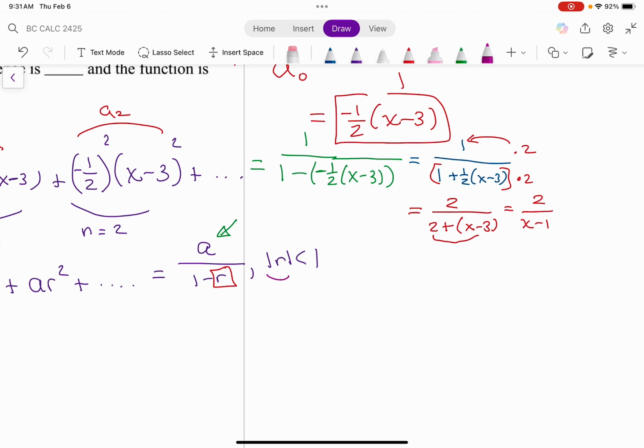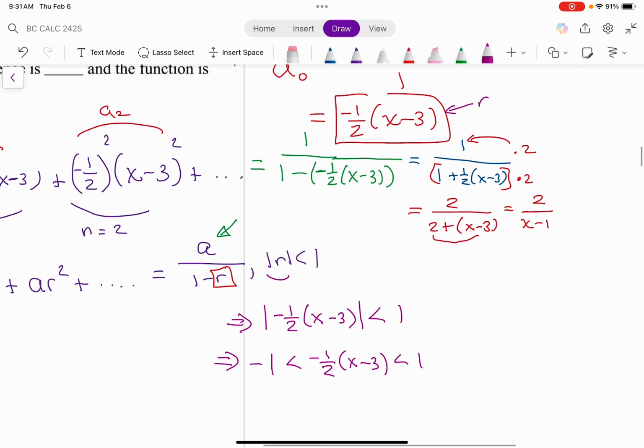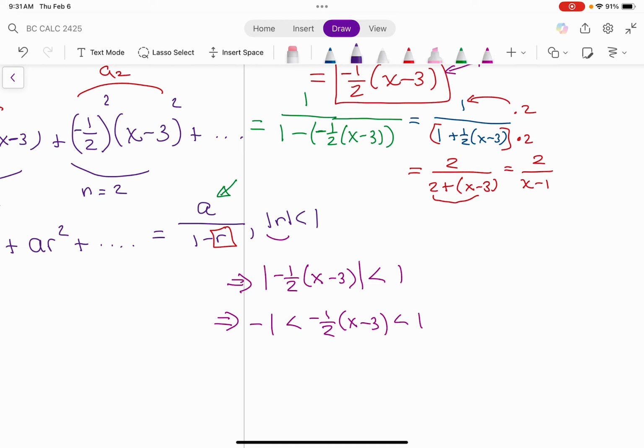And then the interval of convergence we inherit from here. Okay, so our R value here, we're just going to use this criteria. So for us, we need that, which means we say this. Okay, multiplying everything through by negative 2 to clear that negative 1/2.